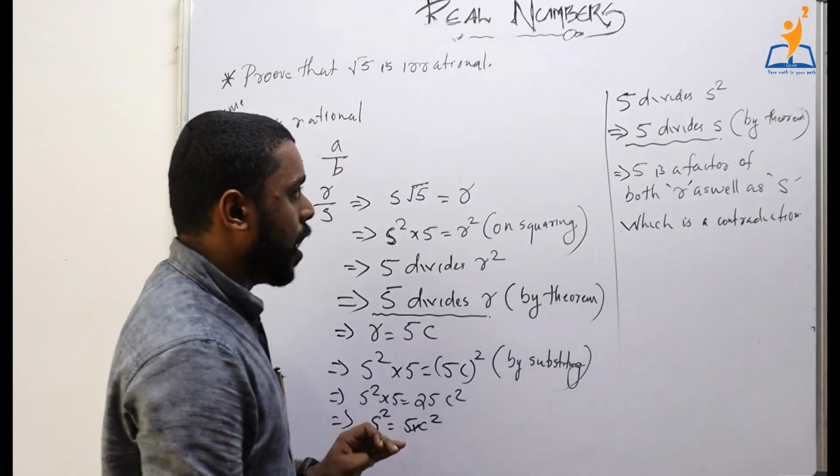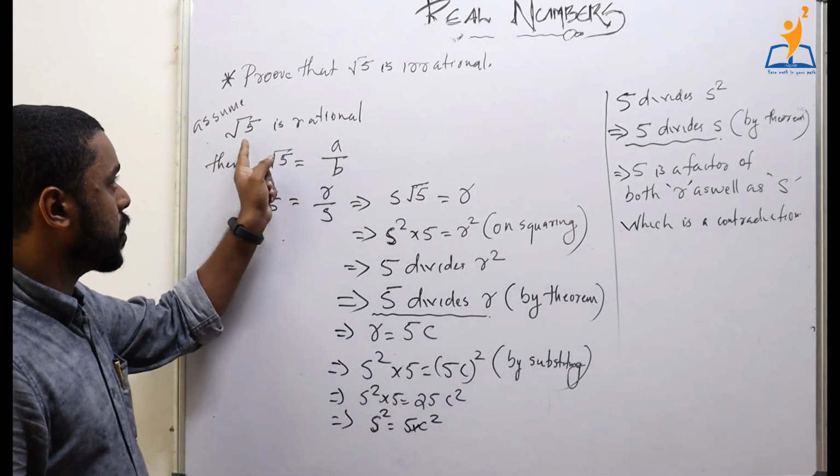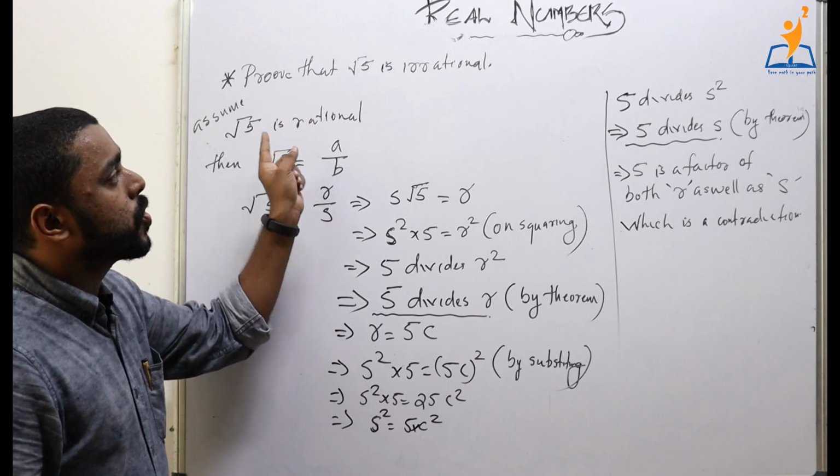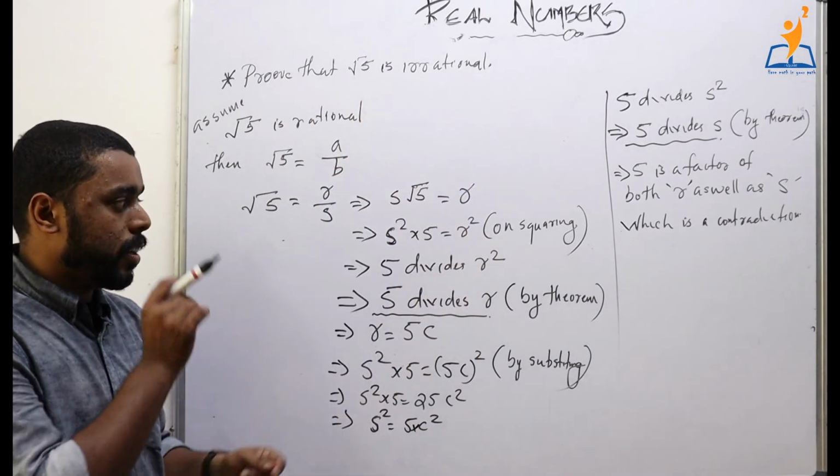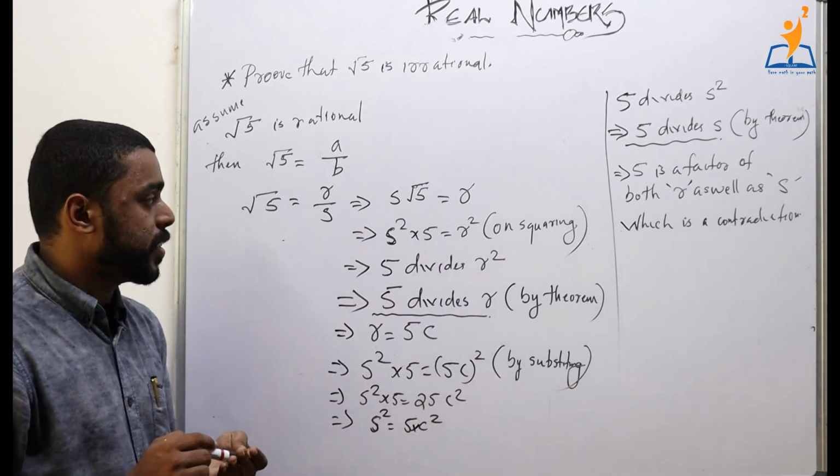So our assumption is wrong. What was our assumption? Root 5 is rational. So what is true? Root 5 will be irrational. Is it clear? Just go through the steps of this problem.